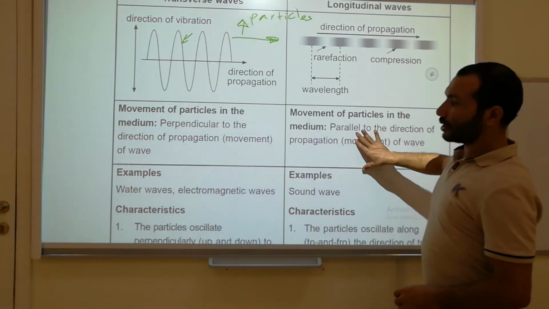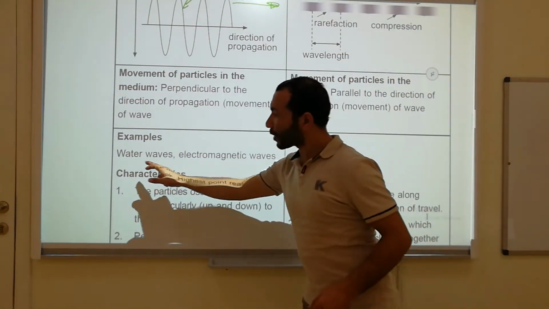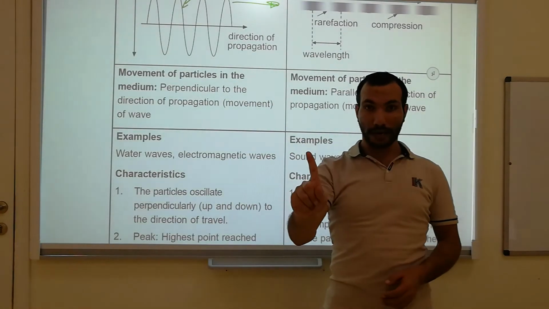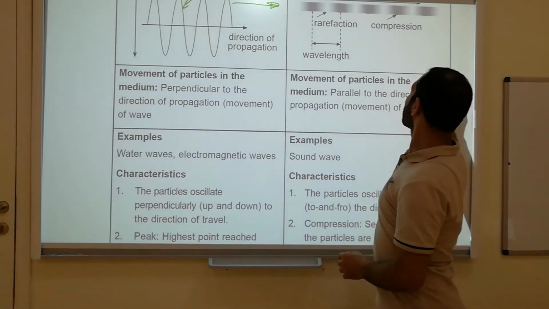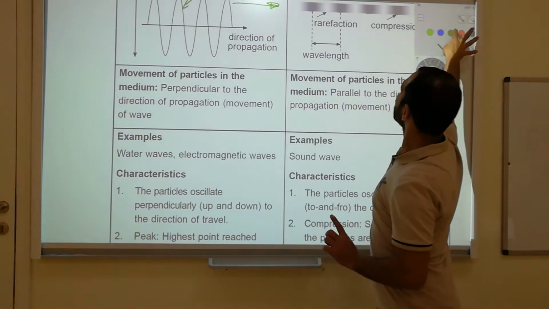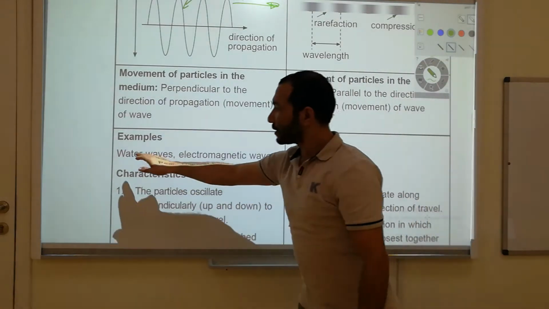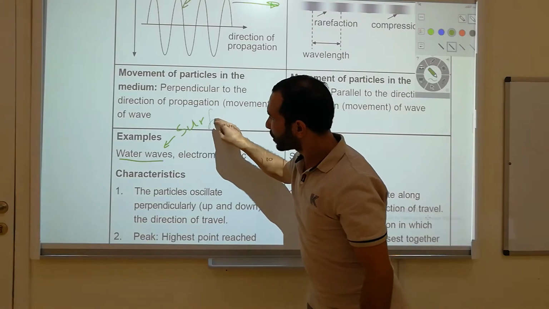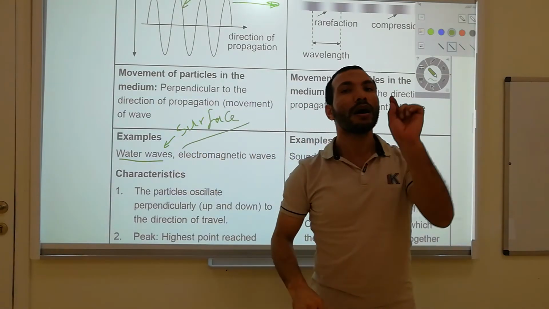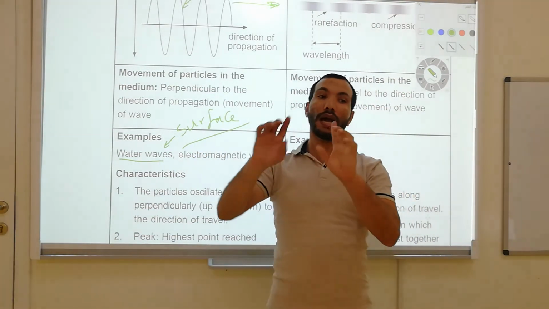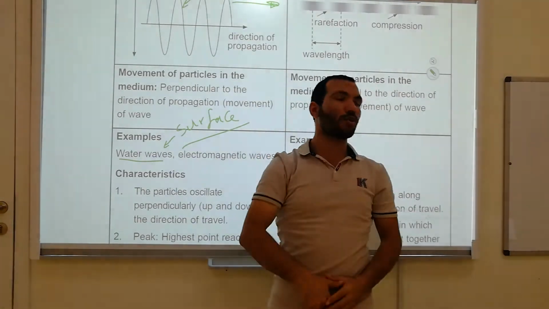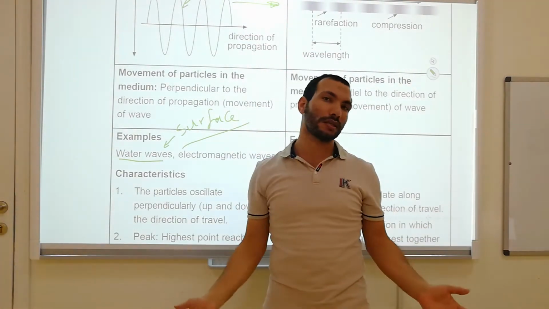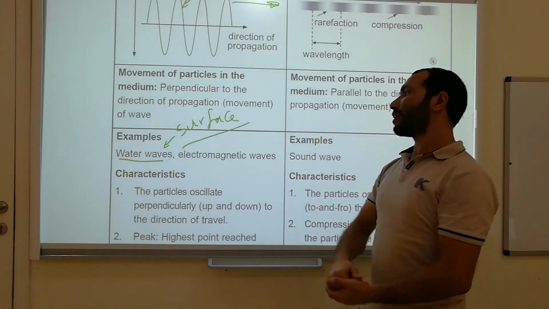Number two, an example is water waves. But take care, this is the surface of the water, not inside the water. Surface only. Inside the water, it is a longitudinal wave.